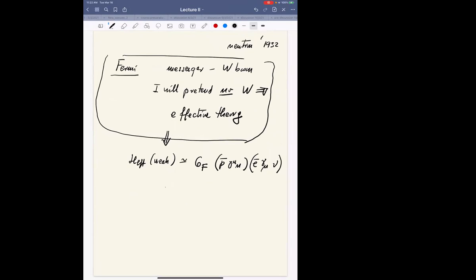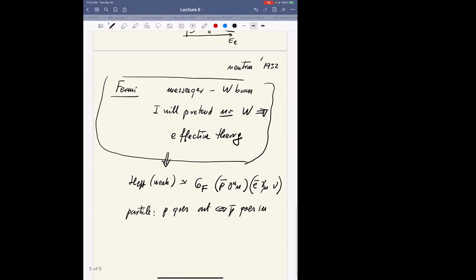Remember, a particle going out is equivalent to an antiparticle going in. That's what Feynman means by his Feynman diagrams. An antiproton goes in. So he writes an effective interaction in complete analogy.